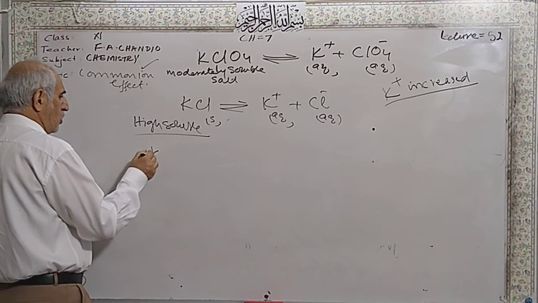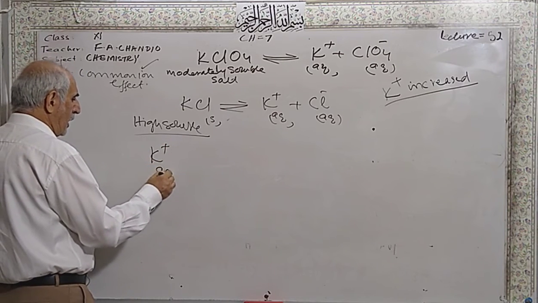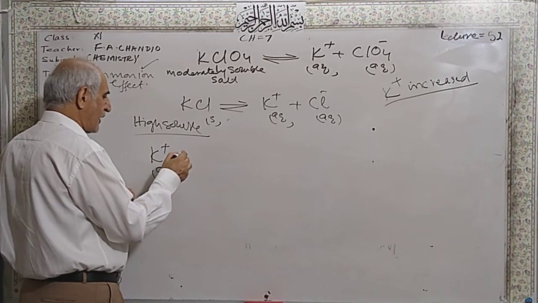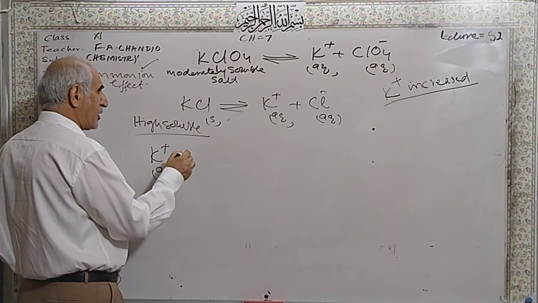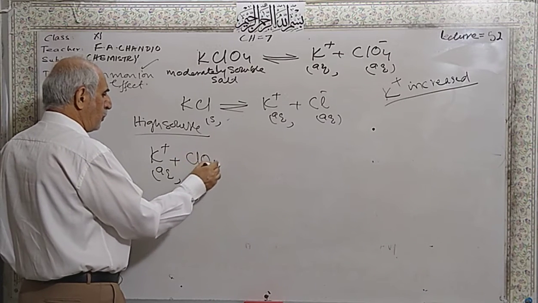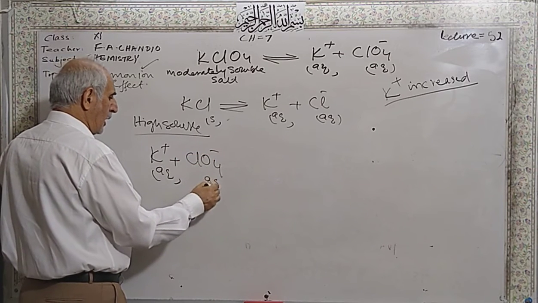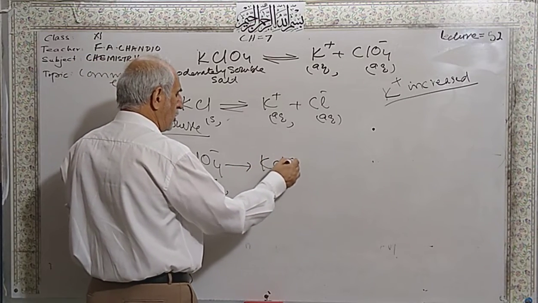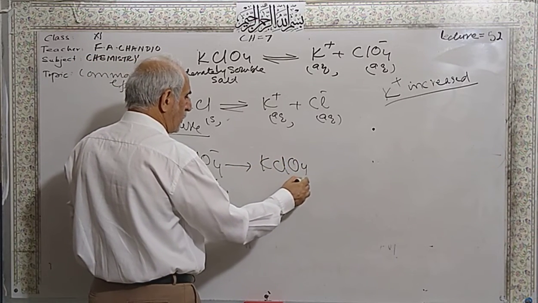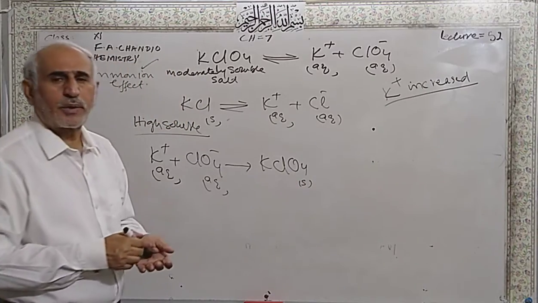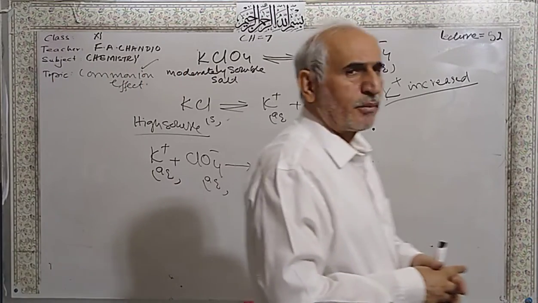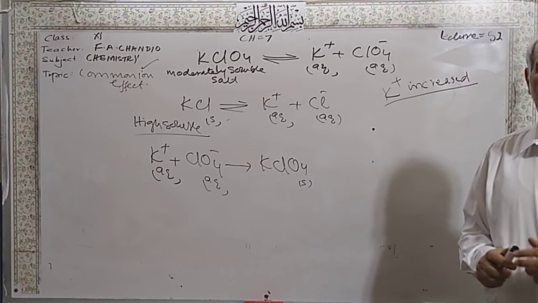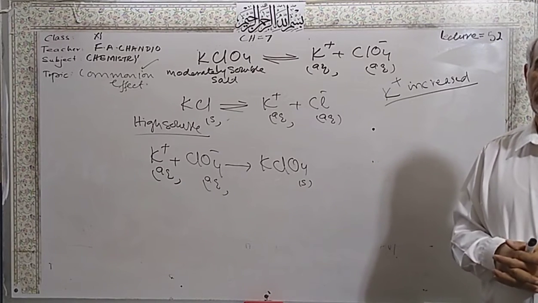According to Le Chatelier's principle, the increased concentration of potassium ions makes potassium and perchlorate ions accumulate to give potassium perchlorate. So a precipitate will be formed of potassium perchlorate here. It means the common ion affects the solubility.